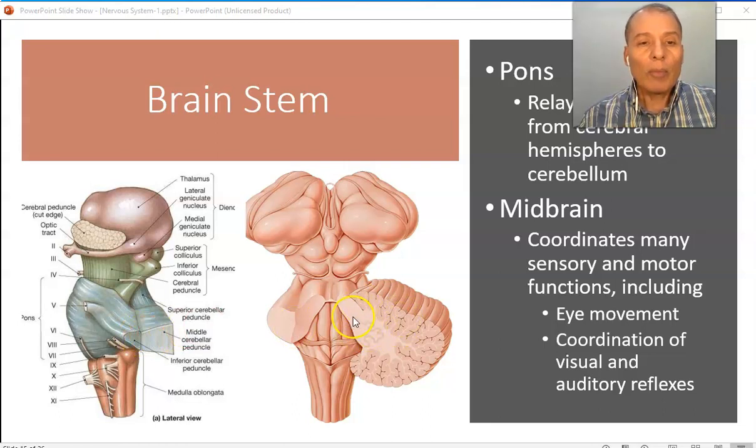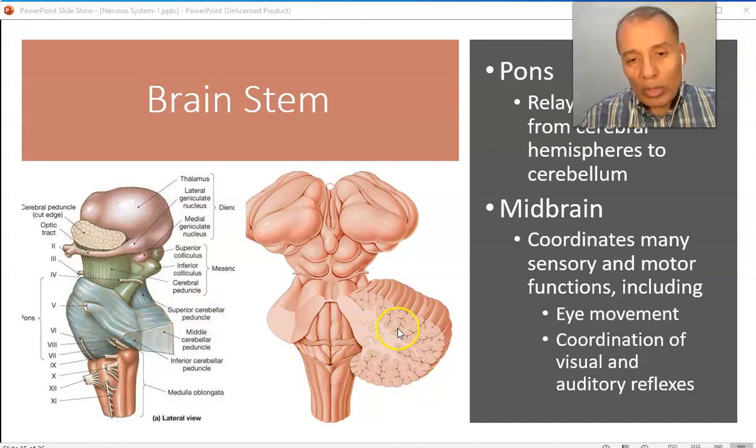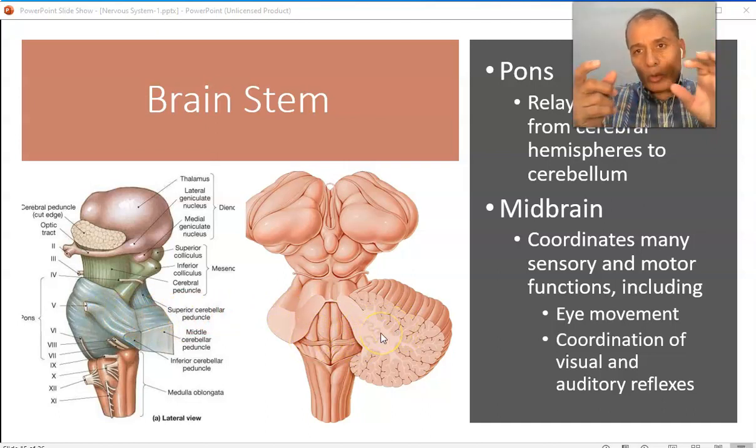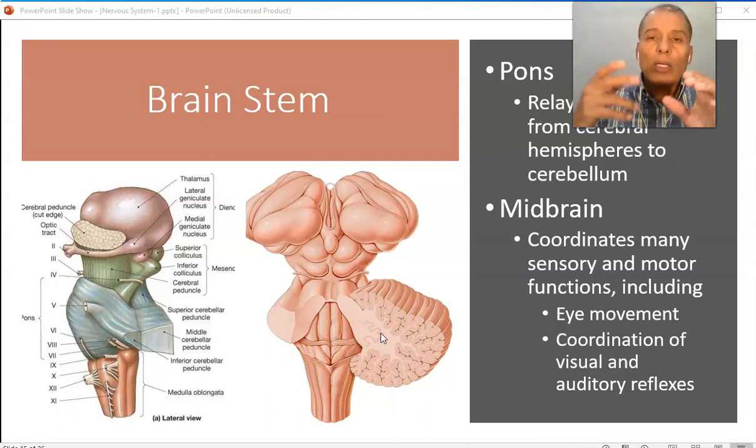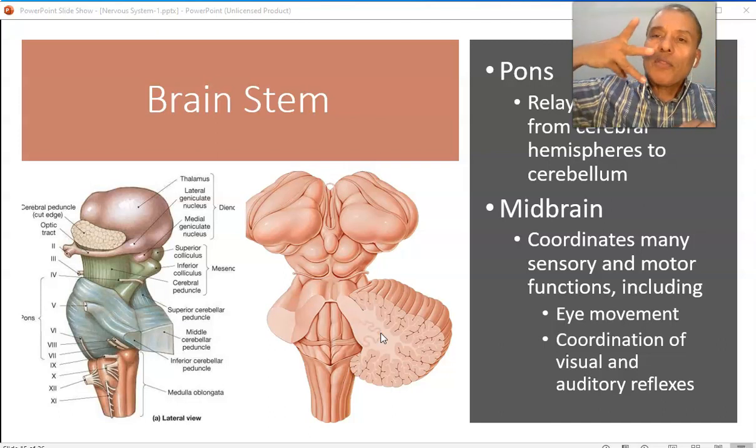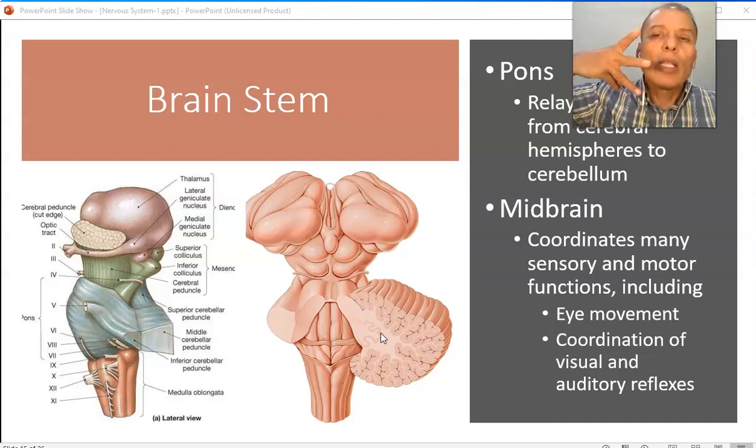So the cerebellum lies posterior to the pons, and the cerebellum also has cables. But instead of the brain having a spinal cord, the cerebellum has 3 cables. We call each one a peduncle.